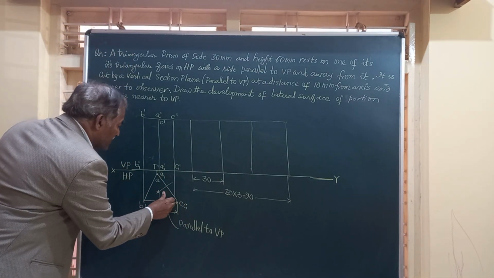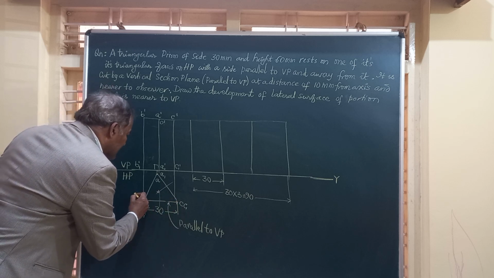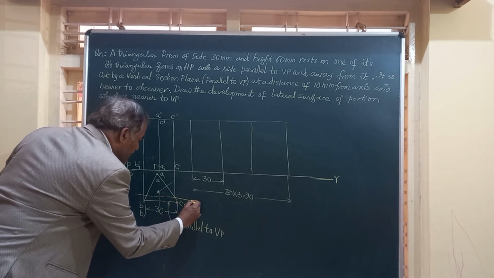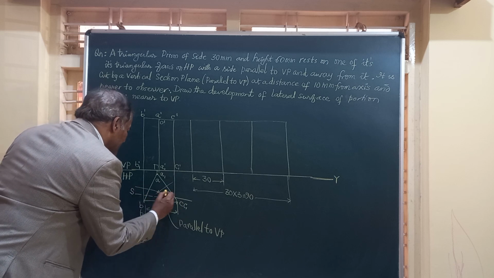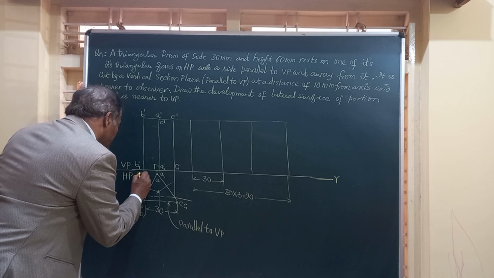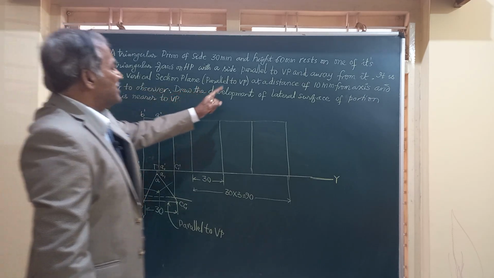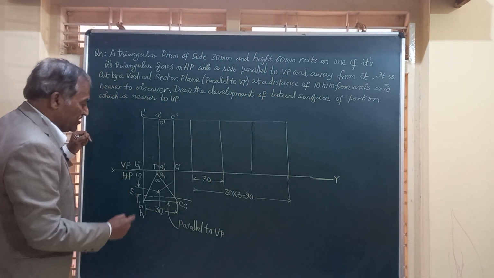So friends, here we will take a distance of 10 millimeter from the axis and draw the section plane SS. He says vertical section plane at a distance of 10 millimeter from the axis and nearer to the observer.